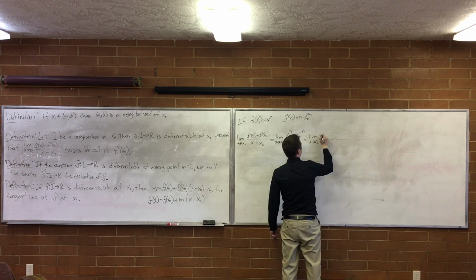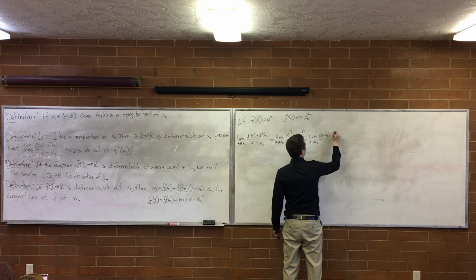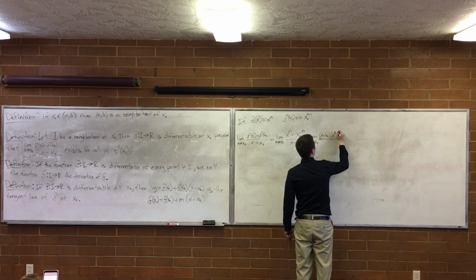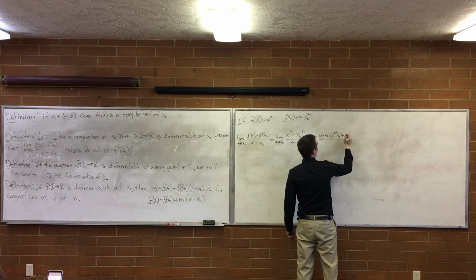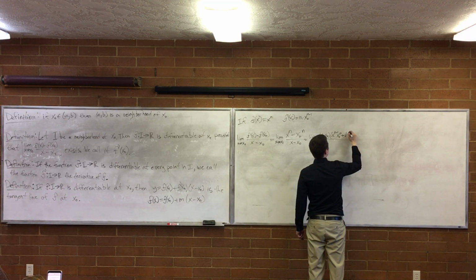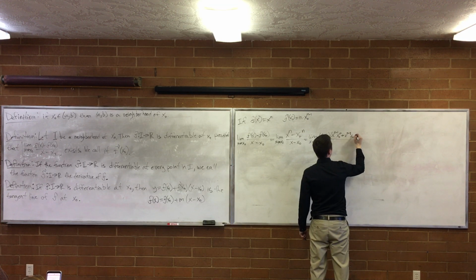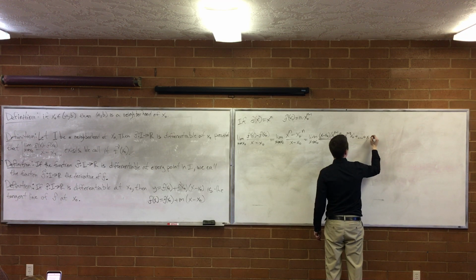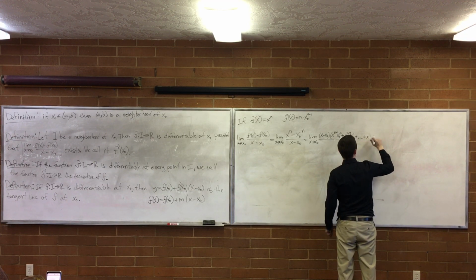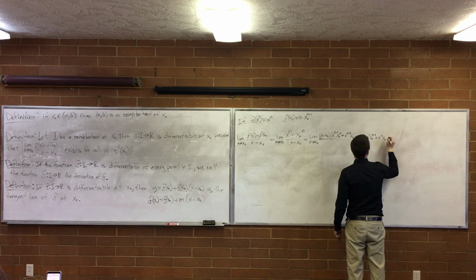Here's what this essentially equals: x minus x naught times x to the n minus 1, plus, well, maybe I'll write it out explicitly so you can see the formula happening, plus x to the n minus 2 times x naught to the 1, plus dot dot dot, plus x to the 1, x naught to the n minus 2, plus x to the 0, x naught to the n minus 1.